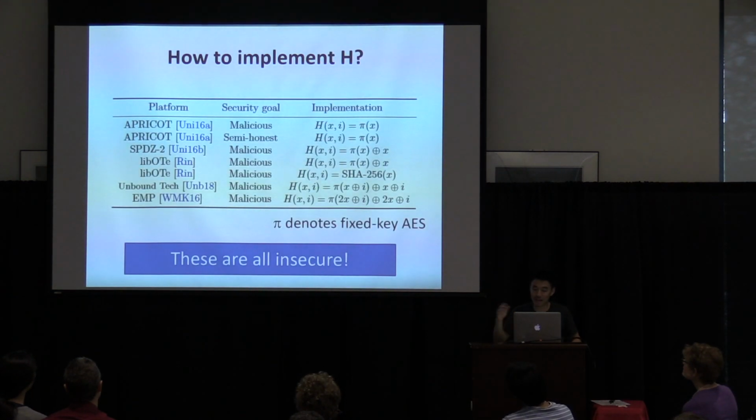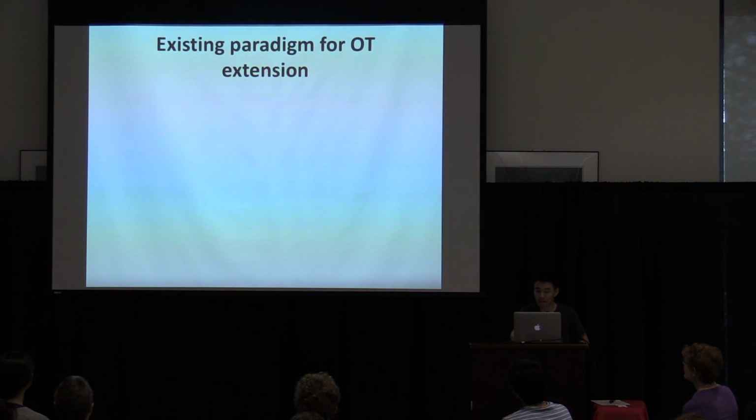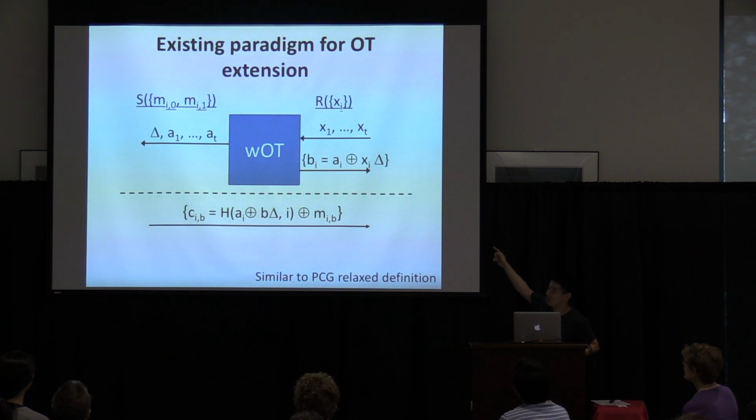But let me shed some light on why the others are not secure. Let's say I have a hash function that ignores I. The problem is that in this functionality, recall that the adversary can pick bi. If the adversary picks bi such that I use the same bi twice, it will lead to a problem, because if I is not included, then the messages can be correlated.